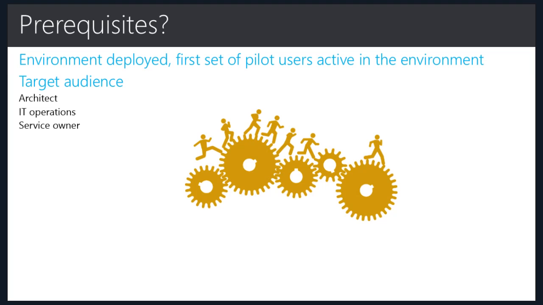If you think about the prerequisites, there's not a lot that needs to be mentioned here, because from the very first time the first users are online and you've enabled users in your environment, that is when you need to start executing on the operations tasks. This training and the activities here are targeted at the architects, IT operations, and service owner roles, because this is really the main work that they need to be doing here.